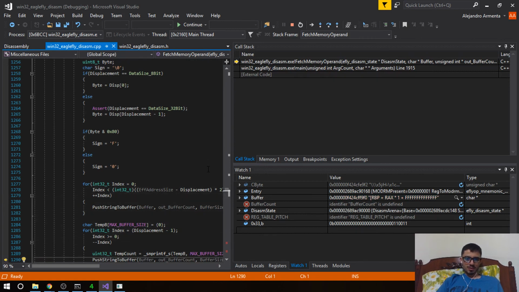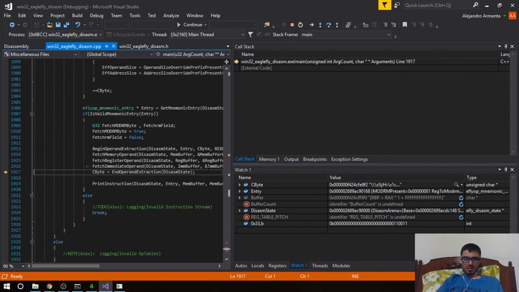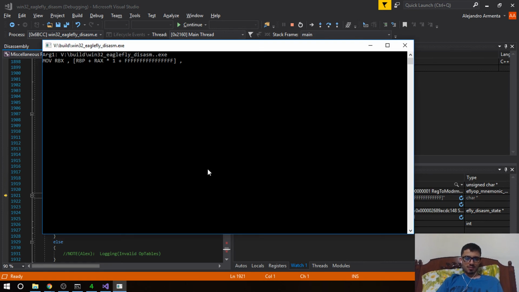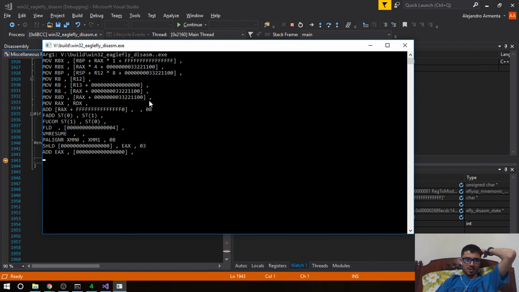And then we print the last FF, and then close the brackets, and we have the right thing. We have RBX, RBP, RAX times 1 FF. Okay, that's correct. If we do the same thing there, we have the same thing there. RAX times 4, and so on. Now RBP, RAX times 1. That's the same thing there. Okay. So that's good.